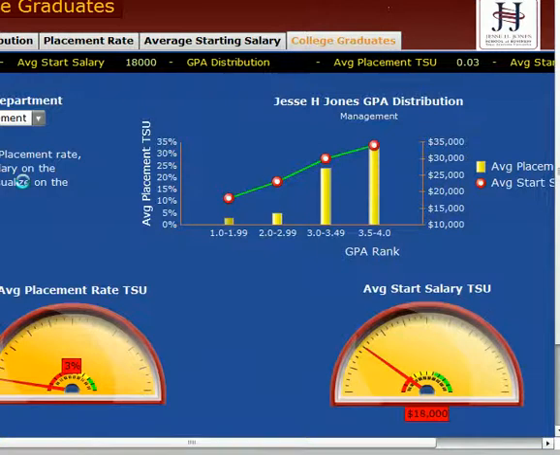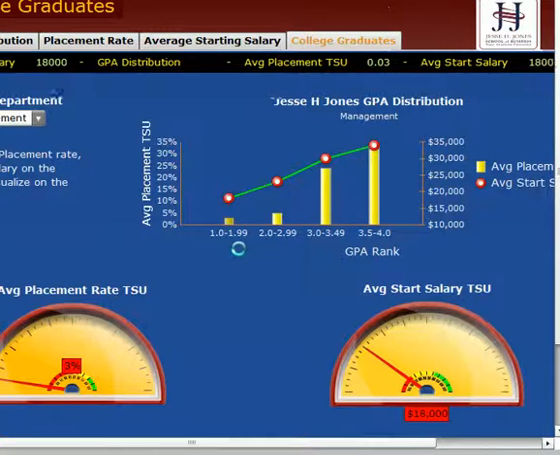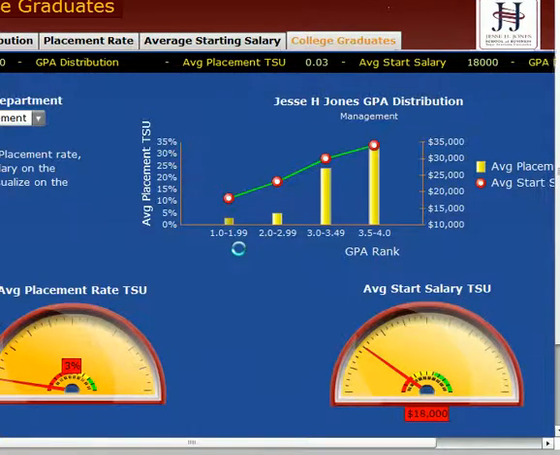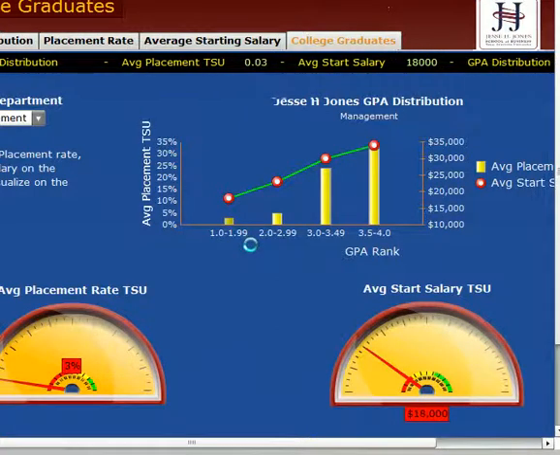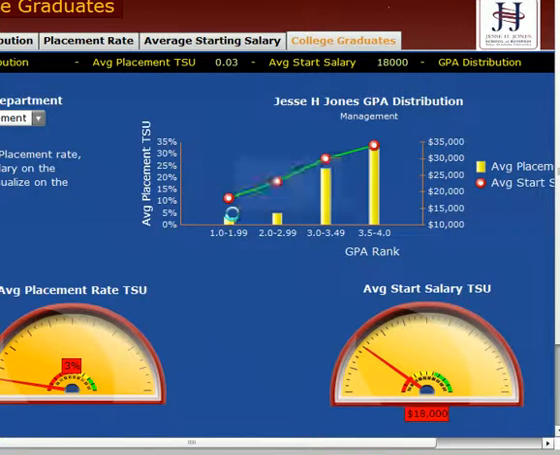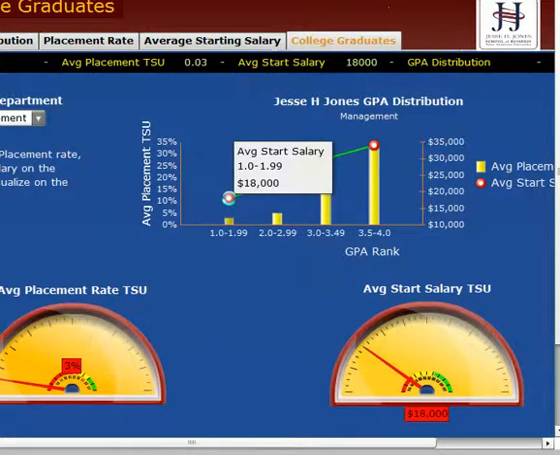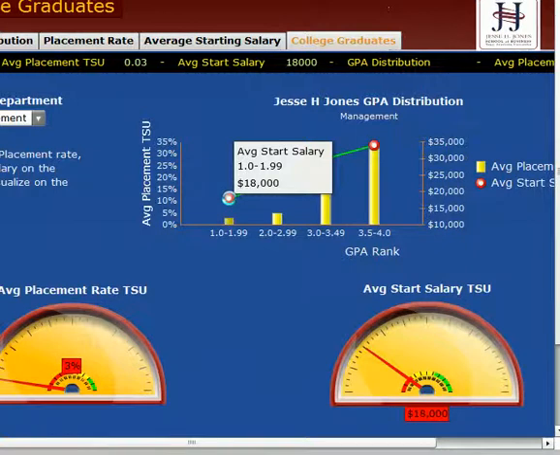So looking at management, this is how much we have placed in the management area, meaning they graduated with a job, and their GPA was between 1 and 1.99, and their average starting salary was 18,000.